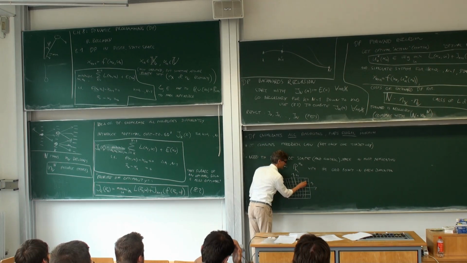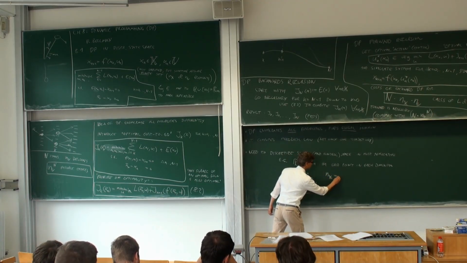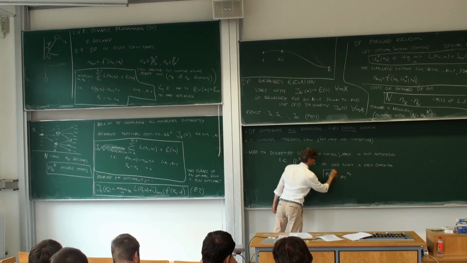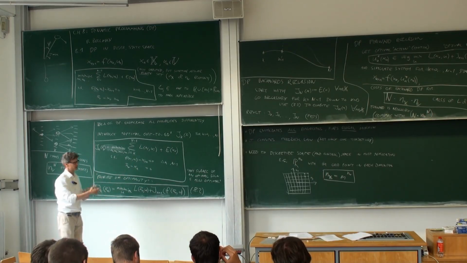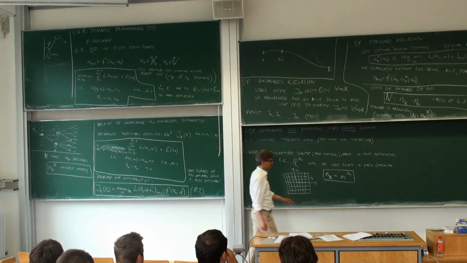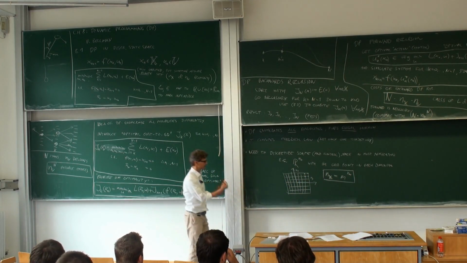And each of these grid points would be one of the possible states. So you would get the number of states equal to M to the power of nx. You agree? That would be the number of possible state points. And this is, again, an exponential growth in something different, namely in the dimension of the state space.